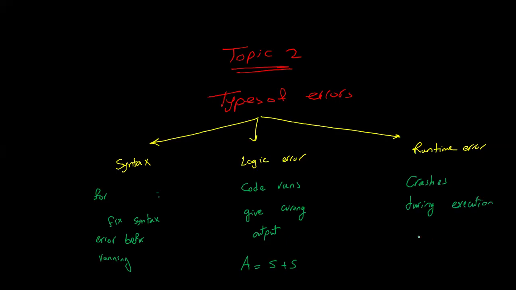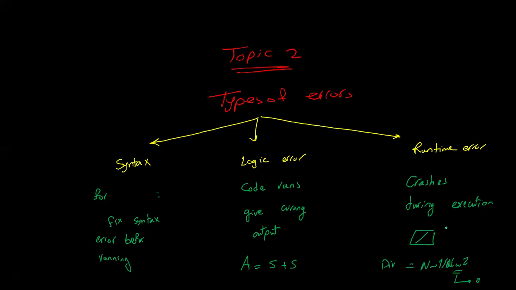A runtime error causes the computer to crash. For example, if you create a program like a calculator and you use a division, you divide two numbers, for example number 1 divided by number 2, and you store it in a variable called dev. So if number 2 is 0, this will cause a crash during execution.